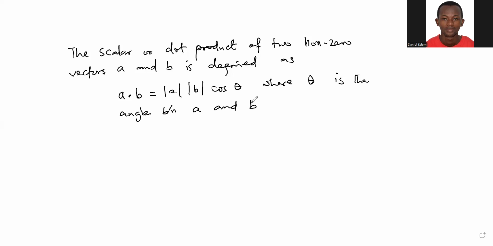So your dot product is equal to this, where this theta is the angle between A and B.